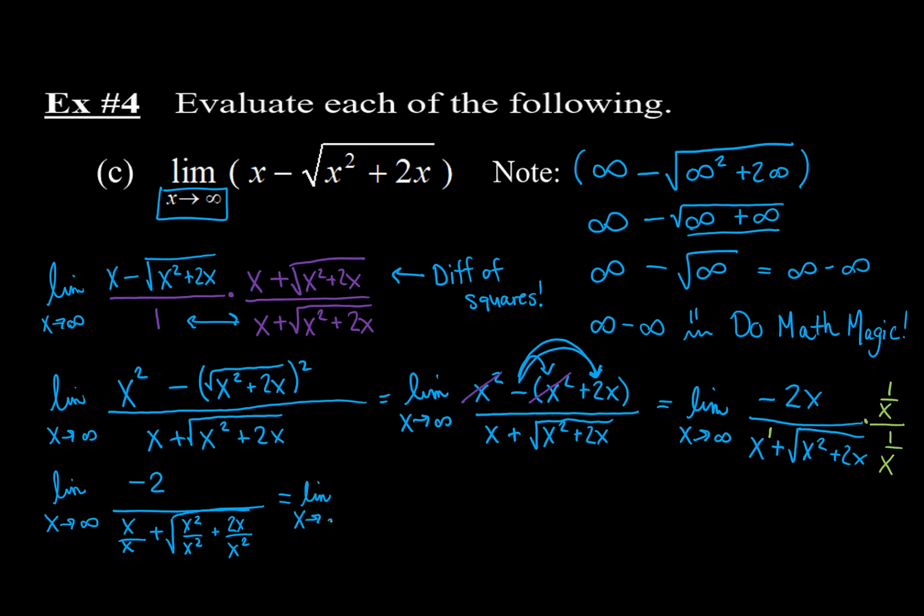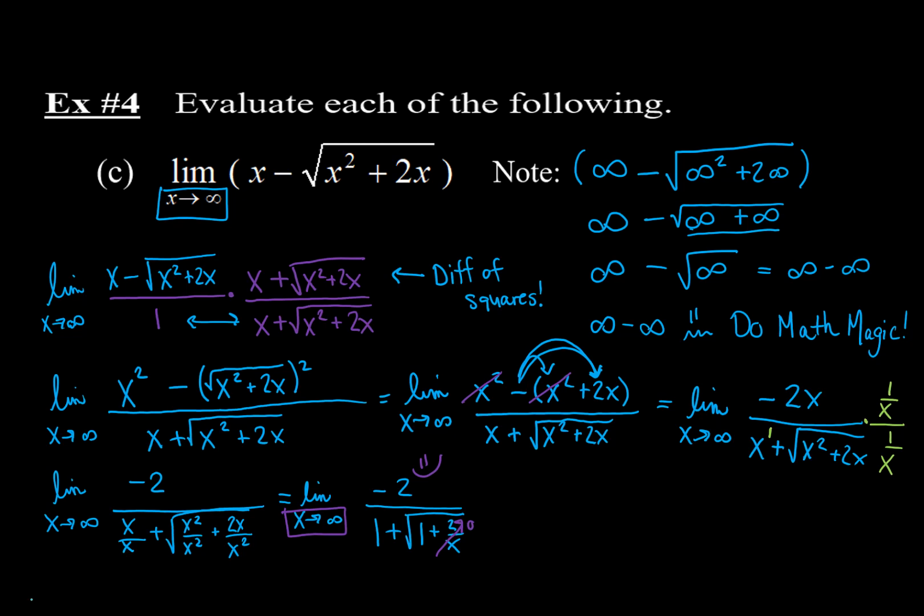And this is going to give me negative 2, when I simplify, over 1 plus the square root of 1 plus 2 over x. All right, this is where we want to be, right? Because now I can plug in x equals infinity, and this bad boy turns into 0.